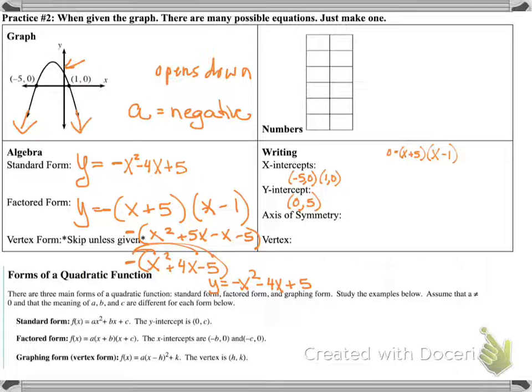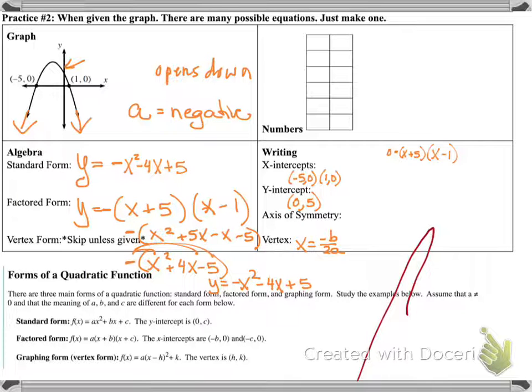My axis of symmetry is always going to be the x value of my vertex. I could use my vertex formula. My x value is going to be negative b over 2a. I could plug that in and find the x value of my vertex.